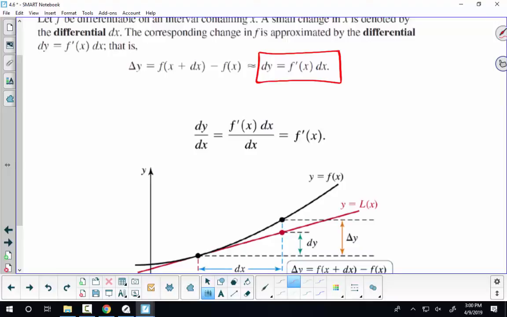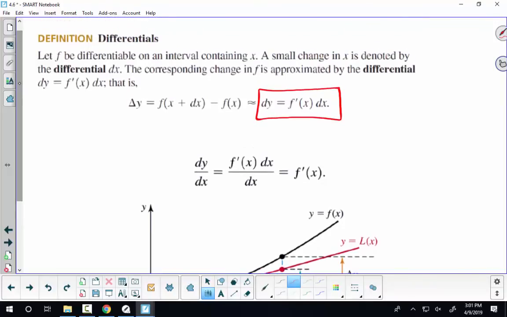And what it says is dy, remember, it just measures a small change in your output. So it says if we want to measure a change in our output, then I have to know the dx, which is the change in the input. And I have to multiply that by the rate of change. So the rate of change multiplied by the change itself gives us the approximate change in the function.